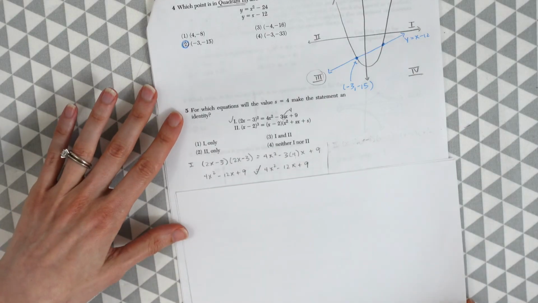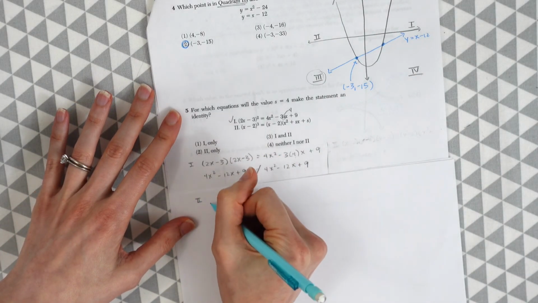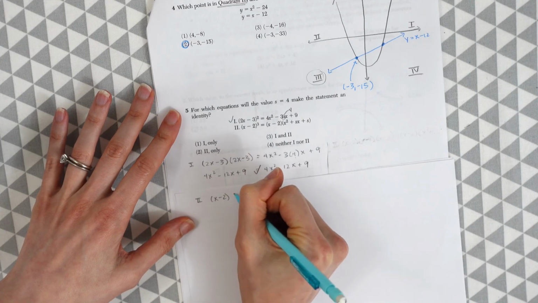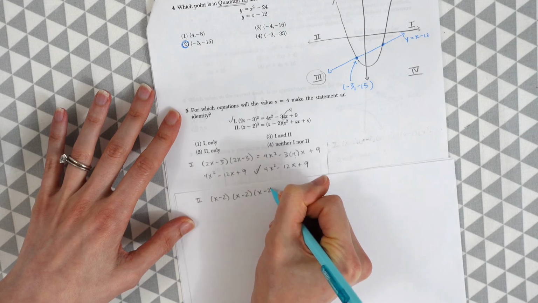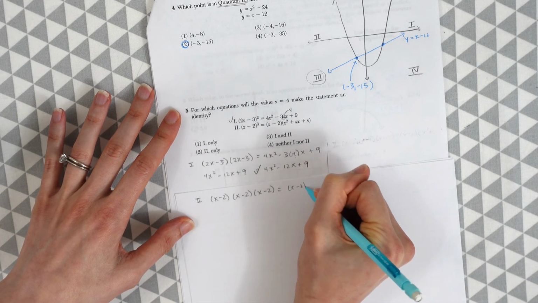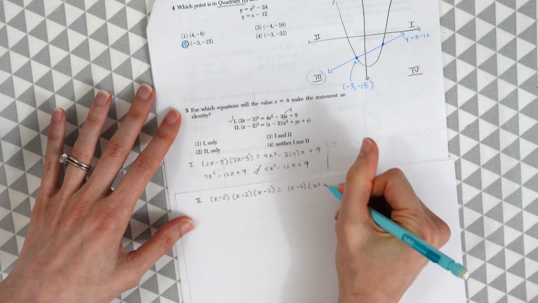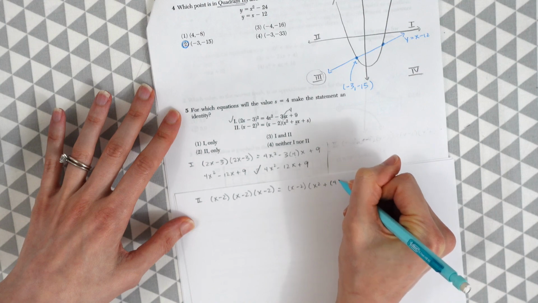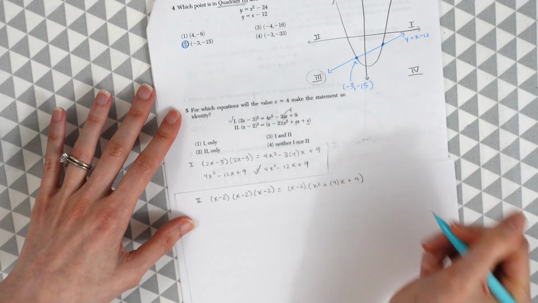Let me try number 2 on another piece of paper so we have more room. So we're taking x minus 2 and going to expand it, x minus 2 times x minus 2 times x minus 2 because it's raised to the third power, and setting it equal to x minus 2 times x squared plus, they have this s here, we're going to put 4x plus, and then they have another s plus 4 again.